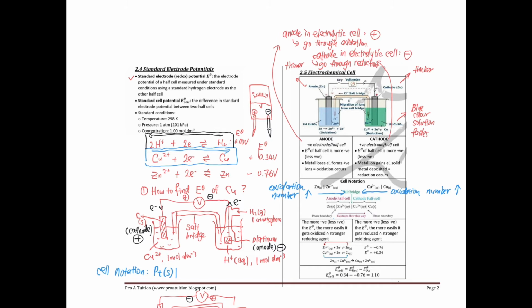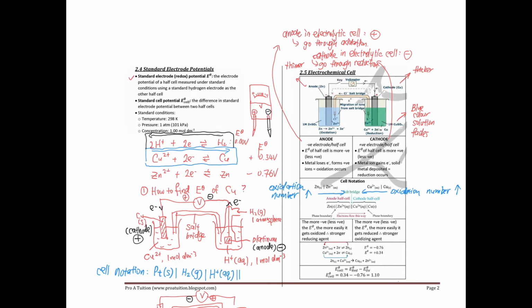So we put H2 gas first, followed by H plus, aqueous. Then we have to put another vertical line because they are in different phases, different physical states, to show the phase boundary. So you can see two vertical lines have been used, followed by a double vertical line to show the salt bridge.